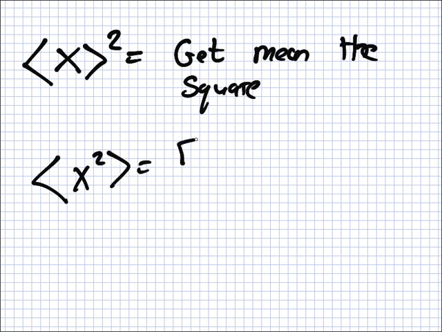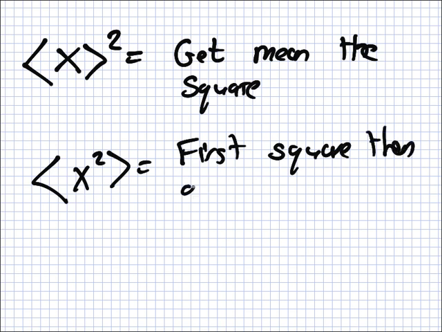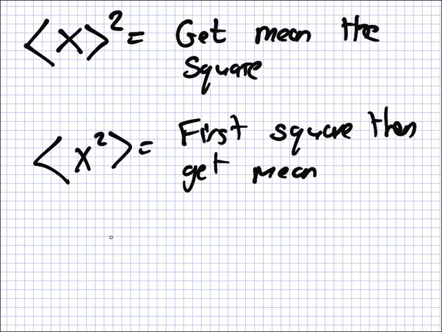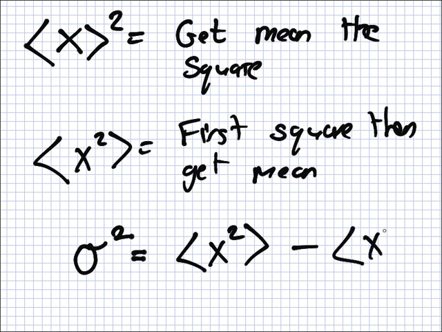It means first square, then get mean. Using this, we have this very nice, neat little formula for standard deviation. We can say standard deviation squared is equal to this minus this.